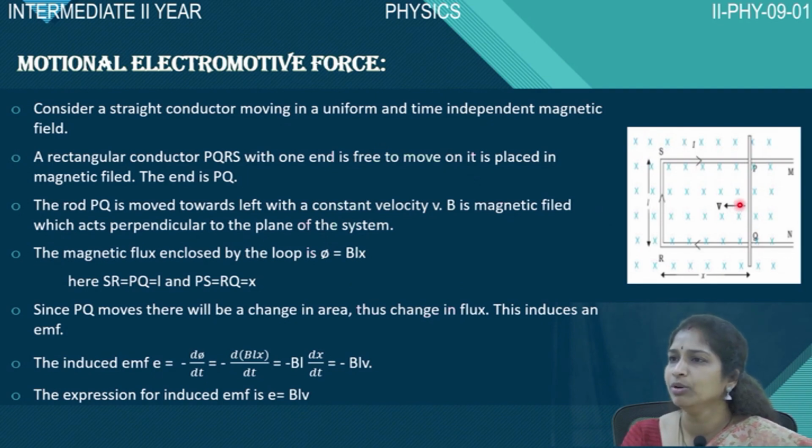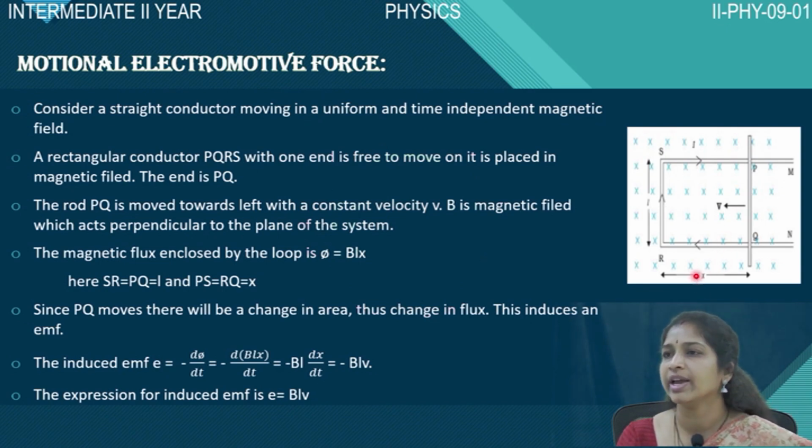It will come to this position. So when this conductor is moving towards the left, there will be a decrease in the length. So this X will change, because it is not at a fixed position, it is moving. In the next instant of time, it may come to this position. So now X is not equal to this value. Now the X value will be changing.